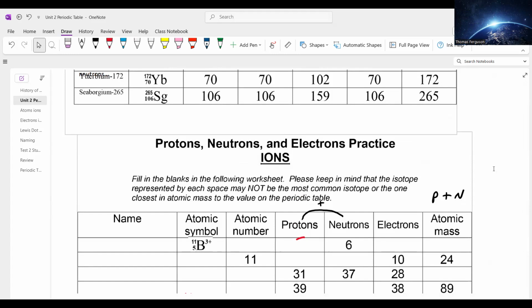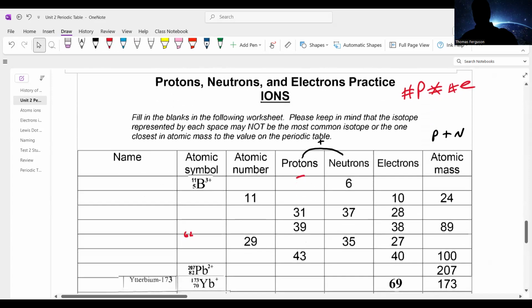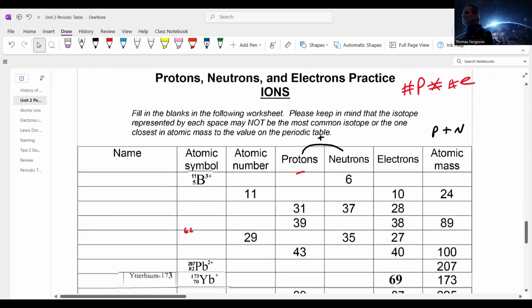Neutral is zero net charge on that atom. Okay, so with ions, the number of protons does not equal number of electrons. So basically, this table is the same except for two columns.